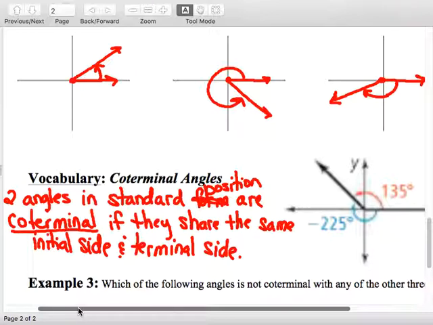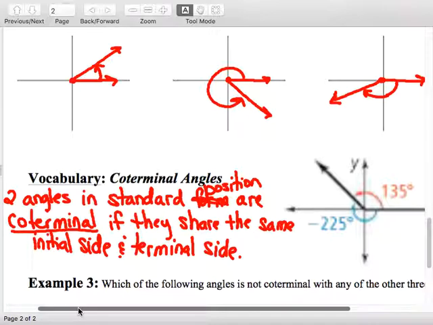I said 135 degrees and negative 225 degrees are coterminal. Do you see they have the same initial side, but 135 rotates counterclockwise and stops here with this terminal side. Negative 225 starts at the same initial side, and it went clockwise. Do you see? They have the same initial side and terminal side.